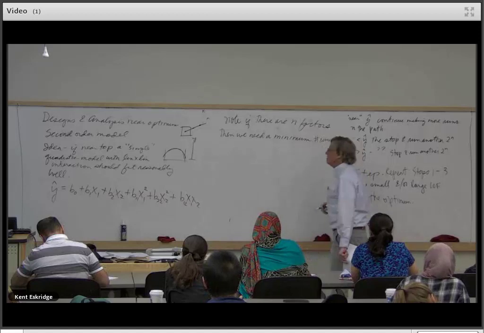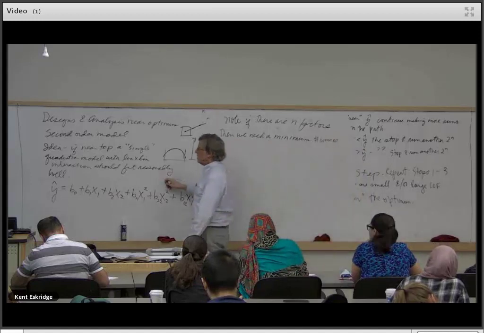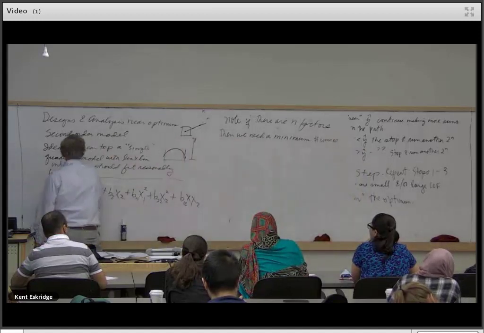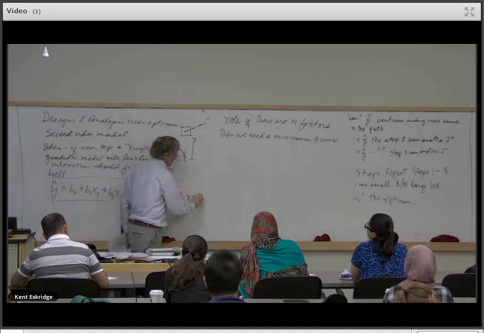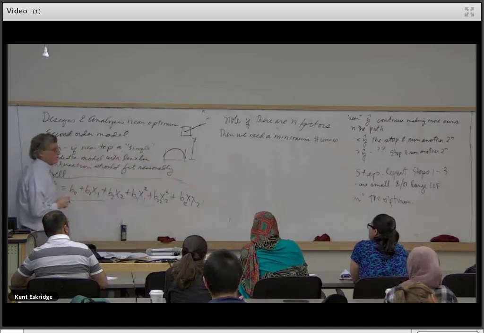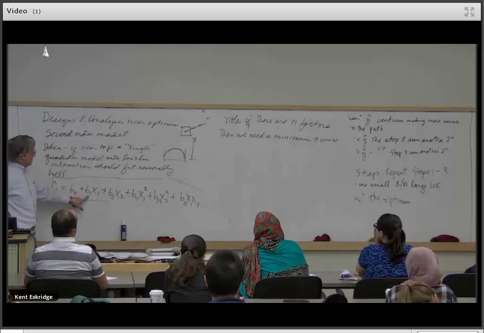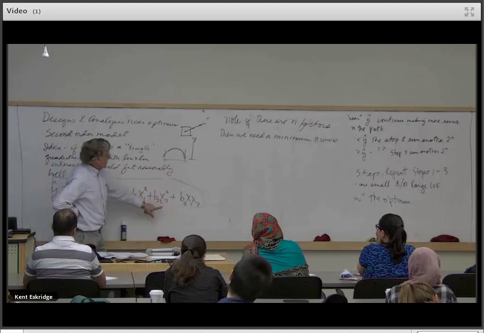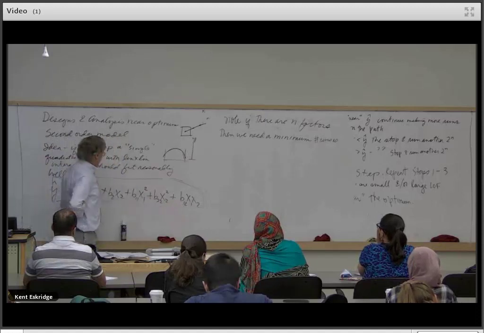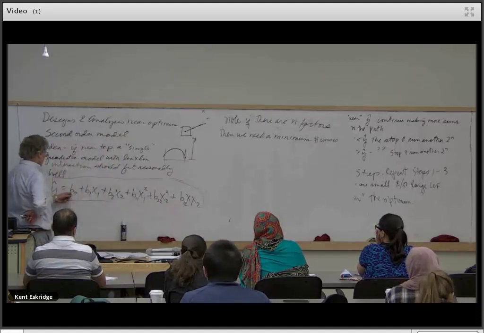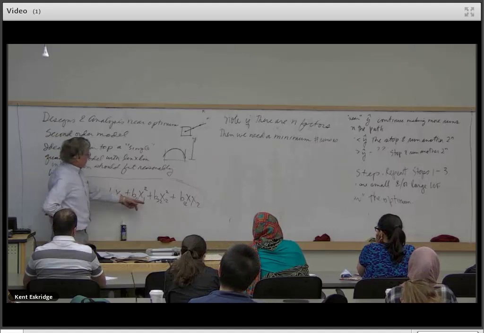What's our minimum number of runs if this is our model? Absolute minimum. Now we talk about fractions, that should be easy for you. How many parameters are we going to estimate? Seven or 6? 6.